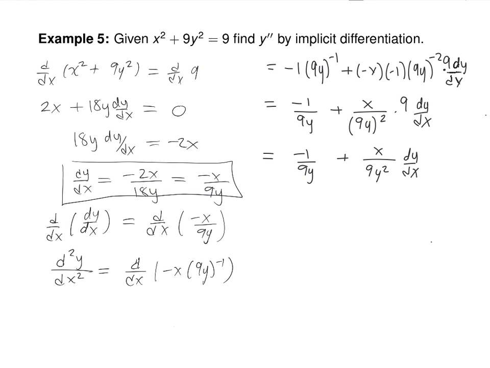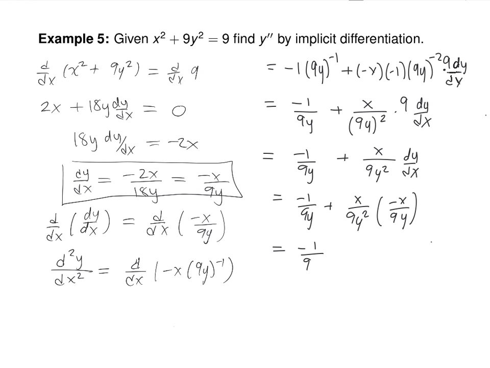Now, plug in what dy dx is. Plug in negative x over 9y. So this becomes negative 1 over 9y plus x over 9y squared times negative x over 9y. So negative x squared over 81y cubed.